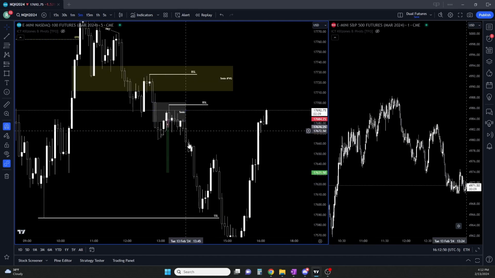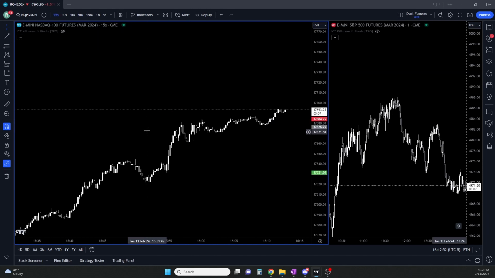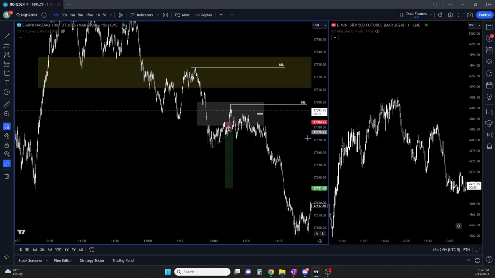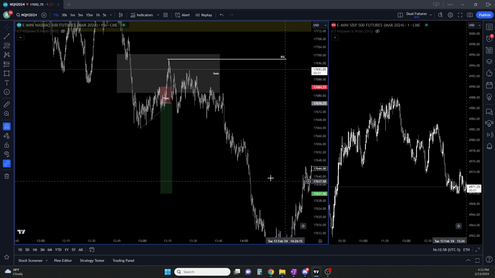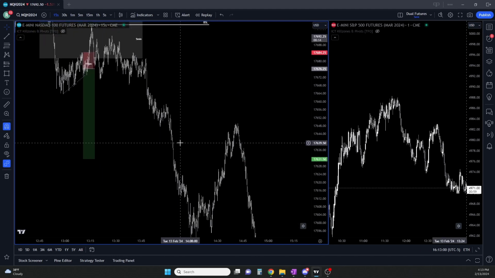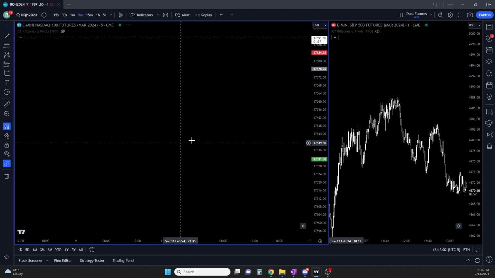At this point, I knew if I continued to trade here, just trying to catch this move to the downside, I was definitely going to make a stupid mistake.